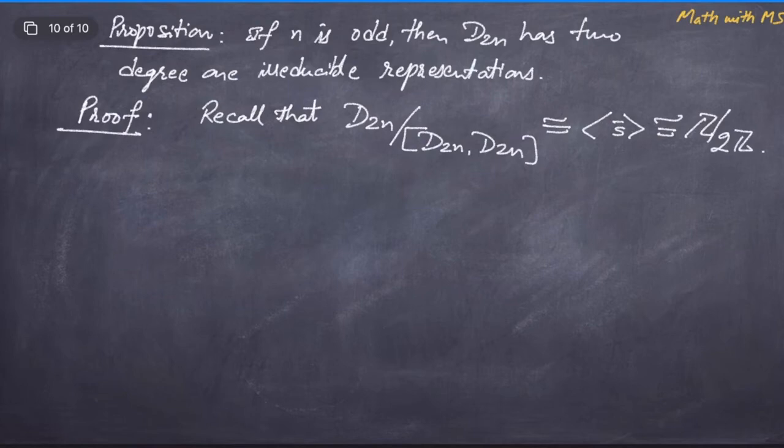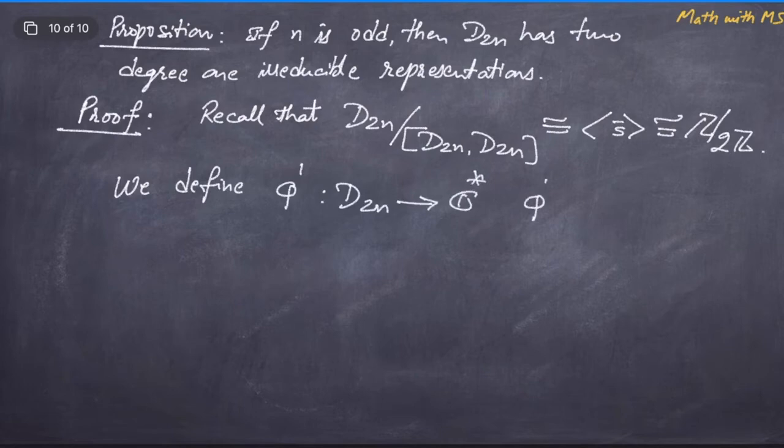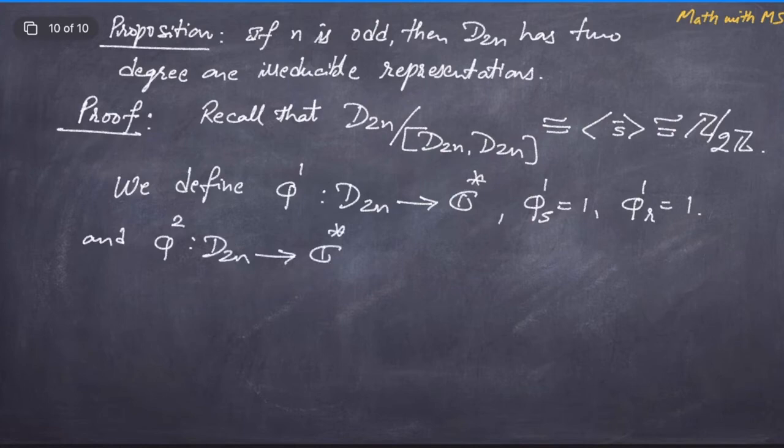So we define, one is obviously the trivial representation, so phi 1 from D_2n to C star maps S to 1 and R also to the complex number 1, and define phi 2 from D_2n to C star by phi 2 of S to be the non-trivial one, that is -1, and phi 2 of R to be 1.